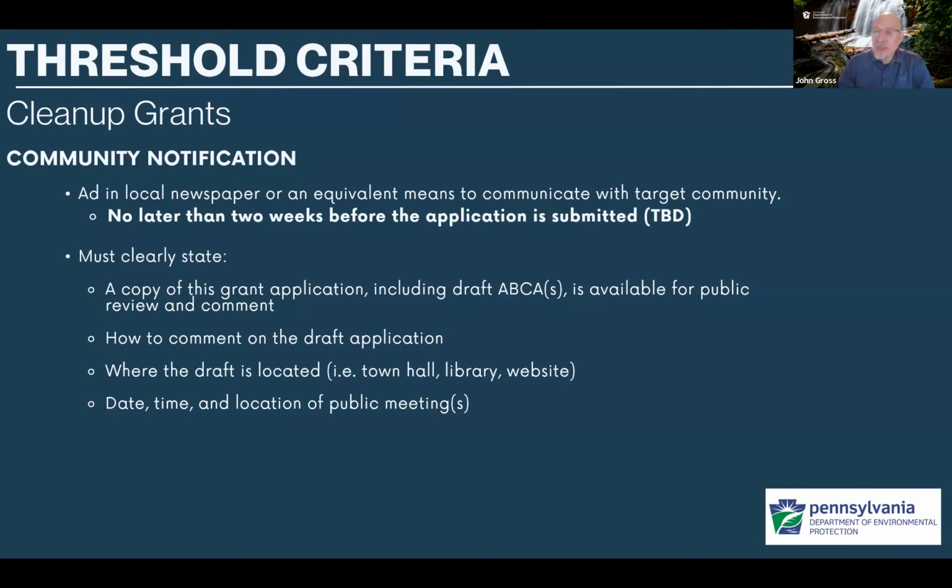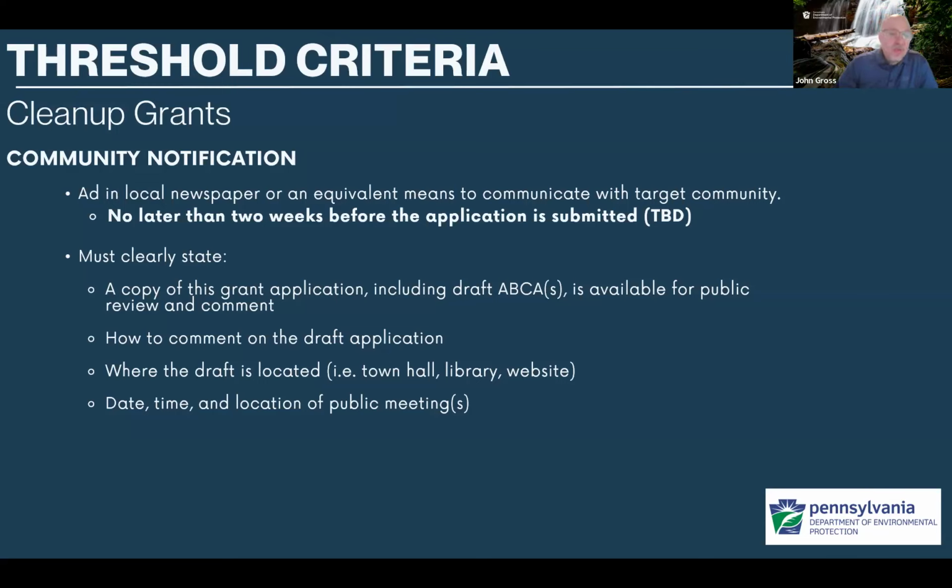EPA can verify that as well. Generally speaking, though, local newspaper basically means you need to get this out in front of the public prior to sending in your application.